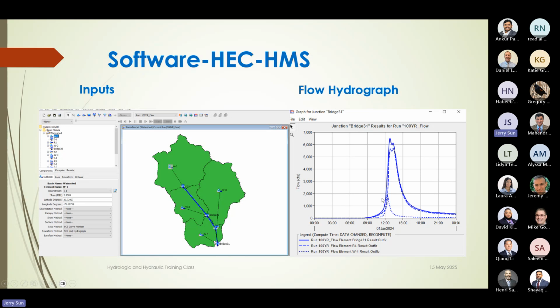They come out with different peak flows for the different watersheds. That's HMS. Then somebody talked about the SCS unit hydrograph.